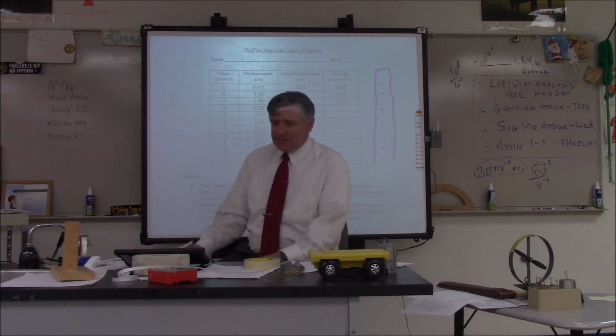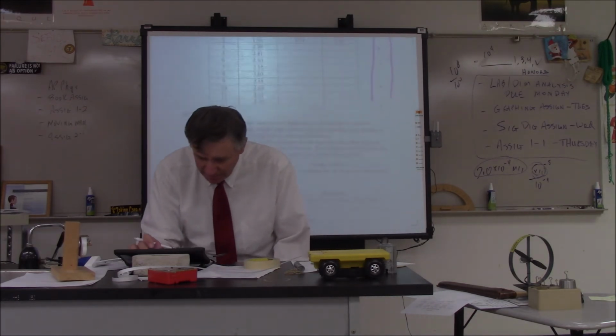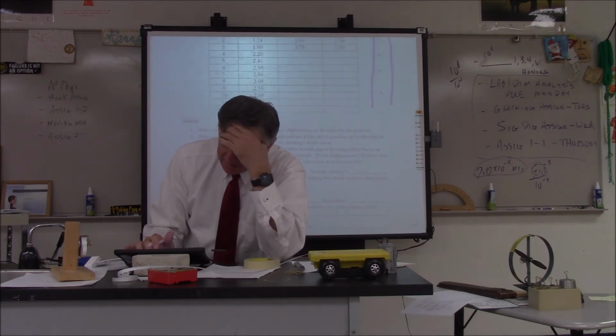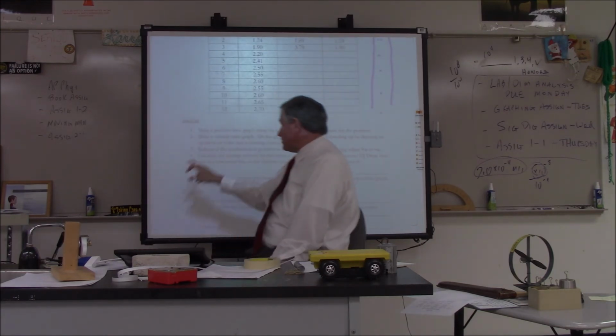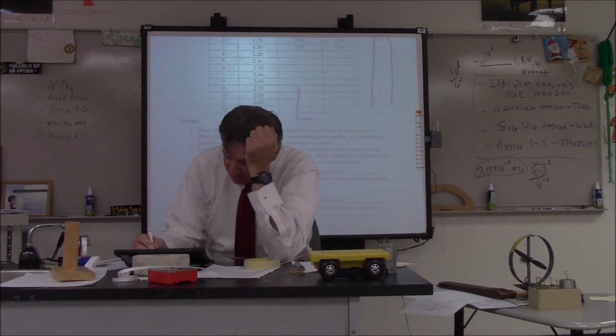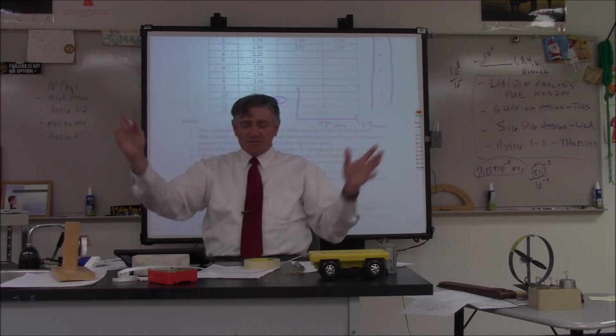So when you get down below, when you get to number 4, or let's just go through these. You're going to make a position time graph. So number 1, this position time graph is going to look something like this probably when you get done. You're going to have total displacement versus time, and you're just going to go up through 12 intervals.